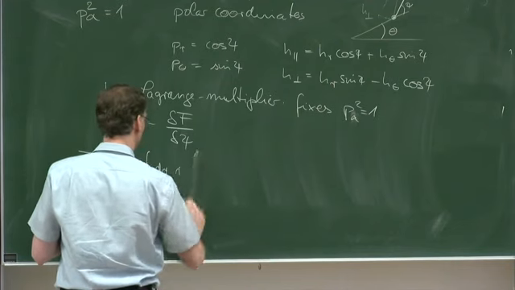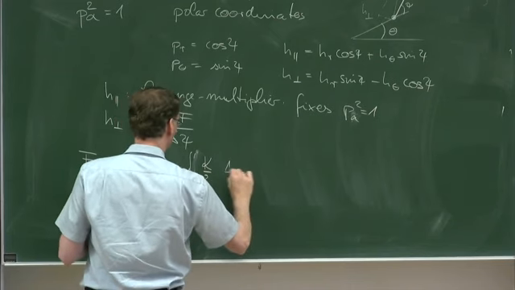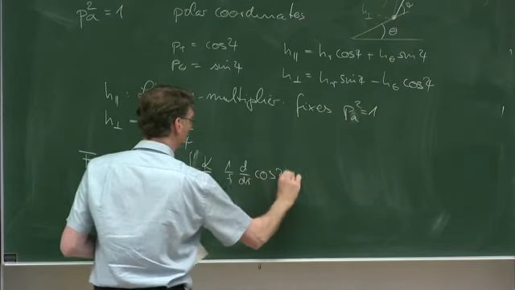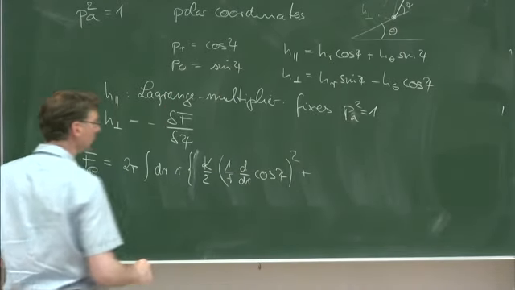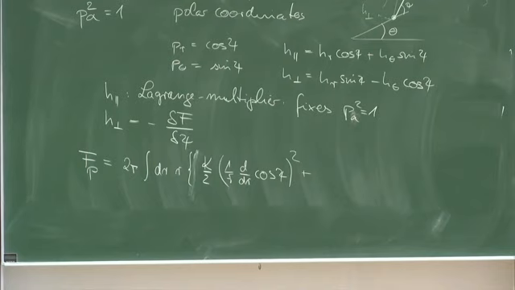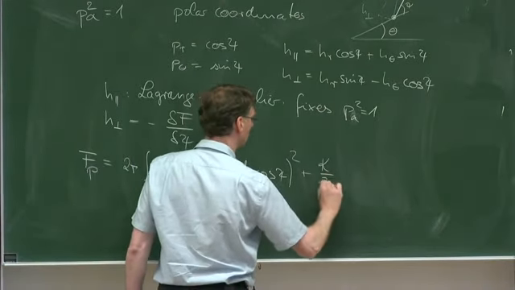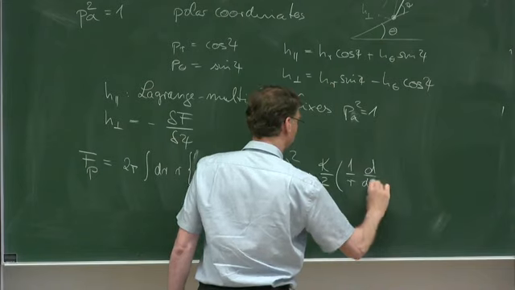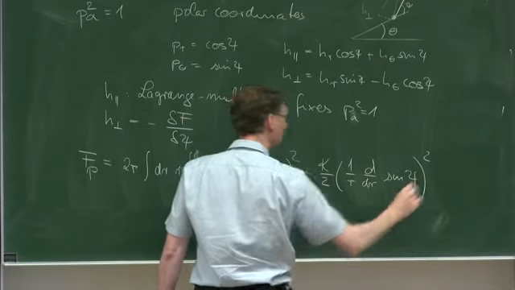So this will be K over 2, (1/r d/dr cosine psi) squared plus, and I will assume that the bend modulus and the splay modulus are the same, so I will just have a one-constant approximation, (d/dr sine psi) squared.